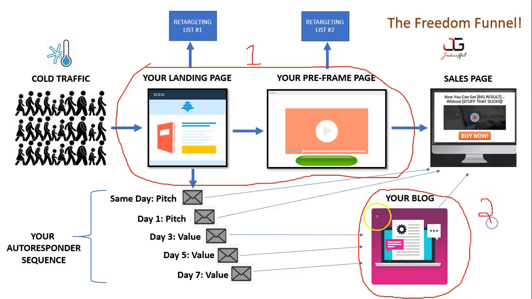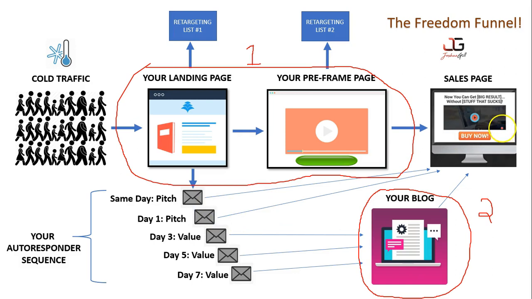The reason why you want to have these things in place is because when you have your landing page and your pre-frame page, you're going to start sending out emails telling people to go to the sales page, as you learned in the previous video.